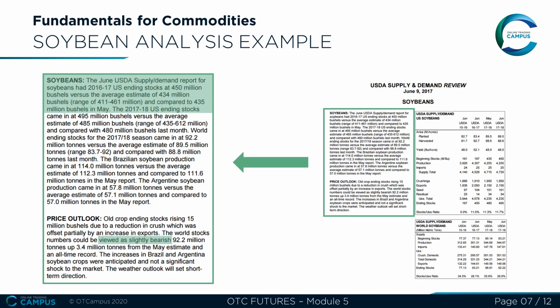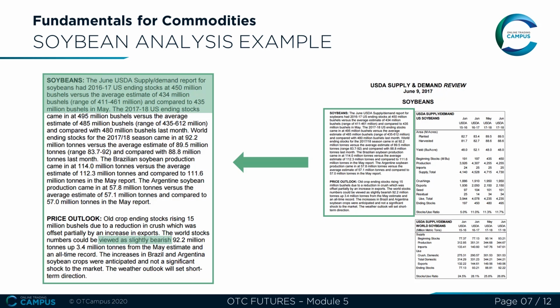Old crop ending stocks came in at 450 million bushels versus the average estimate of 434 million bushels and from 435 million the last month. And it has a price outlook at the bottom, but here's the key thing, they're talking about soybeans being bearish. Well, why is that? Well, it's saying it came in at 450 million, but they were expecting only 434.